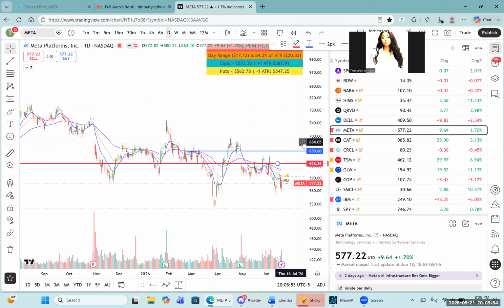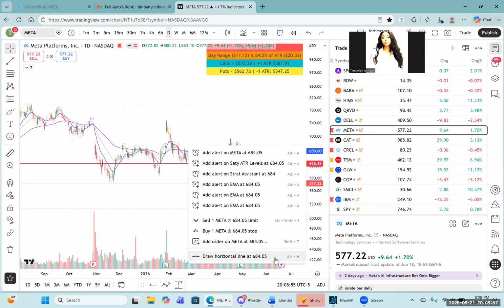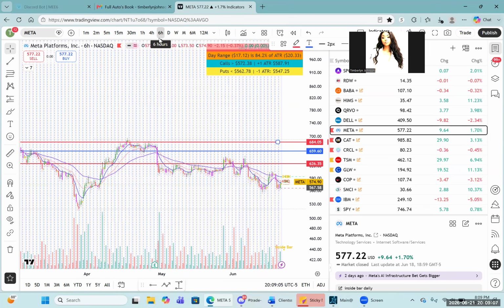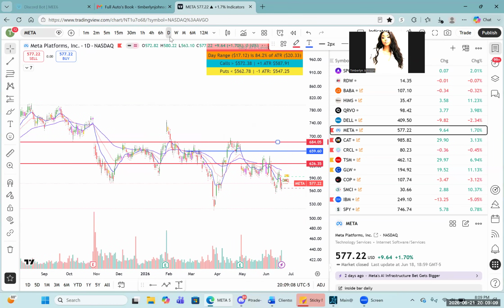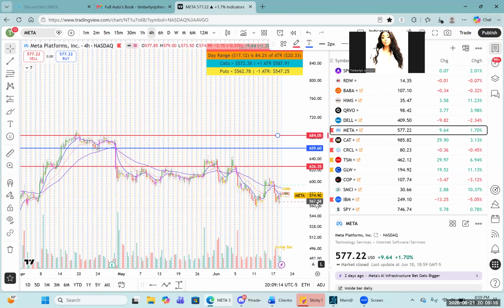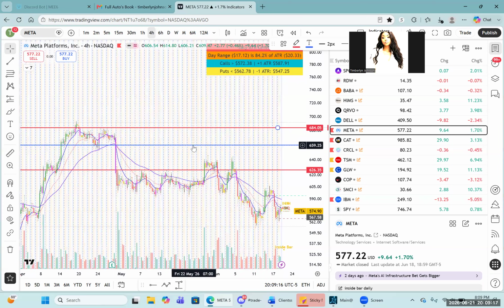But right here, you would put a line because we rejected or touched this area at least three times. So I start from the daily, and if I have to go down to the 4 hour, I will. But I typically do my lines on the daily, and I just go to the 4 hour and the 6 hour to see how clean it looks, if that makes sense. But yeah, it's typically on the daily.